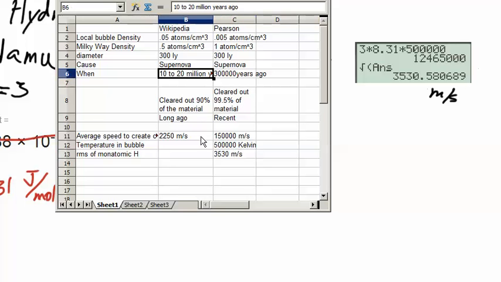So I think it's reasonable to expect that this 10 to 20 million year figure is probably more likely than this 300,000 year ago figure.